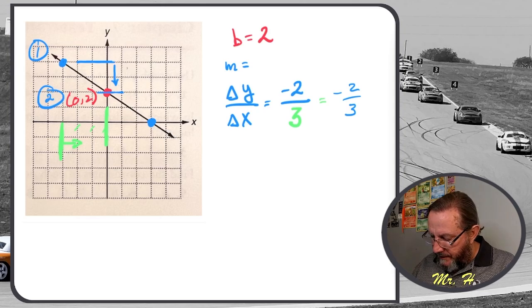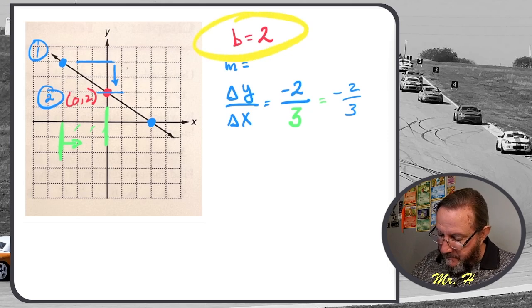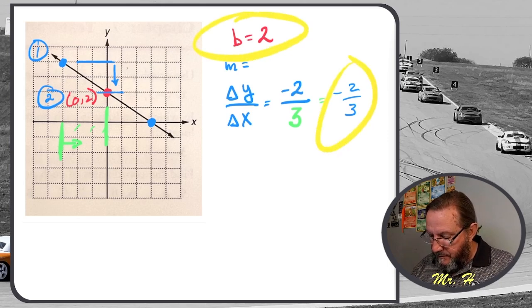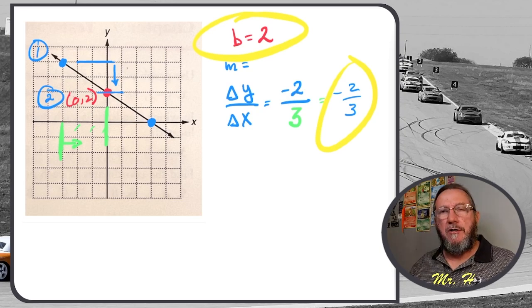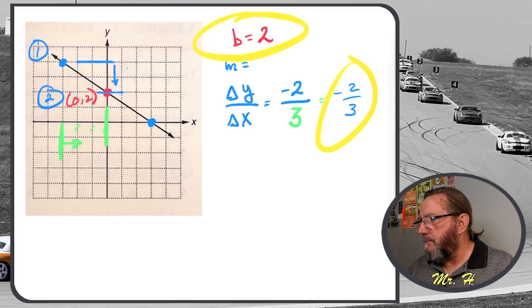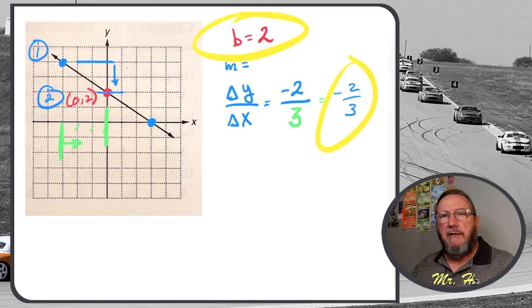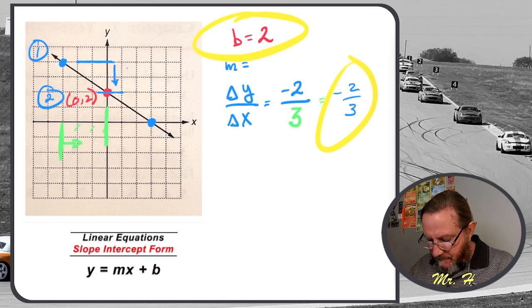So as I look at my answers here, what do I have? I have a y-intercept. I have a slope. Which equation do we use here? Do we need that point-slope? No, we don't, because we've got an m and we have a b, so we're going to be using the y-intercept method.